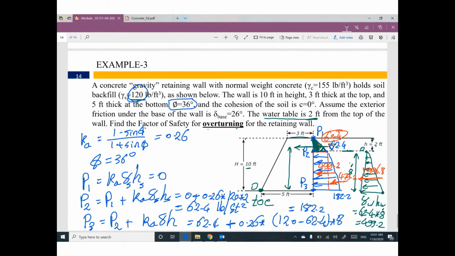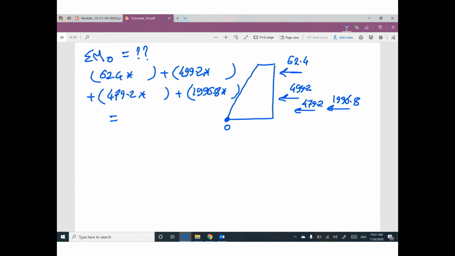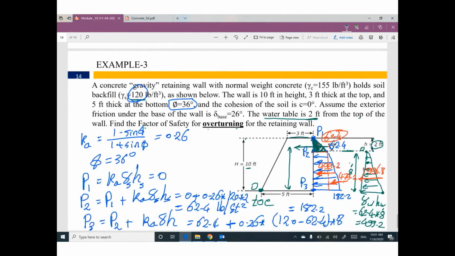Okay, this distance will be 1/3 of 2, plus 8. So this distance will be 8.67. The second one, for this rectangle, at a distance of half of 8, which is 4.